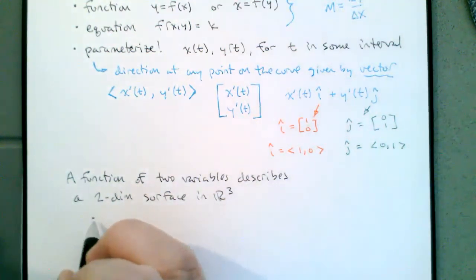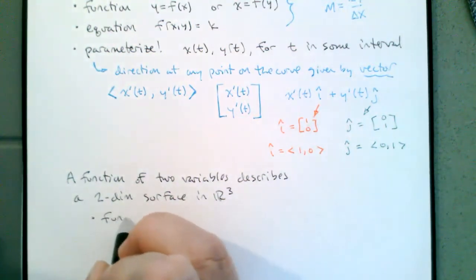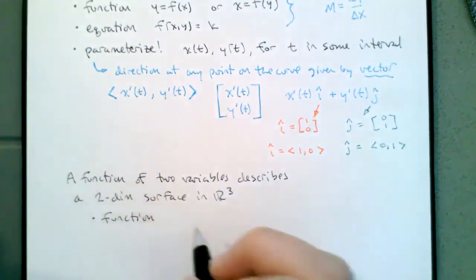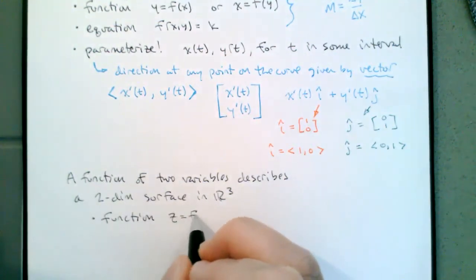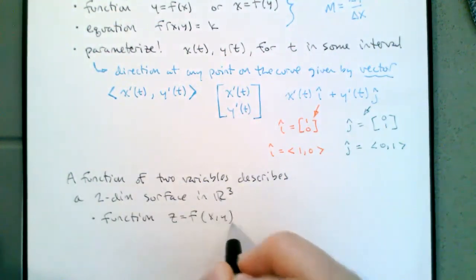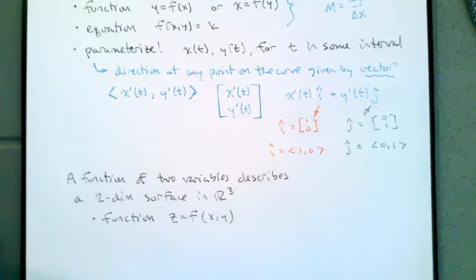So if I write this function, with three variables, z equals f of x, y, now I'm describing a surface in R3.